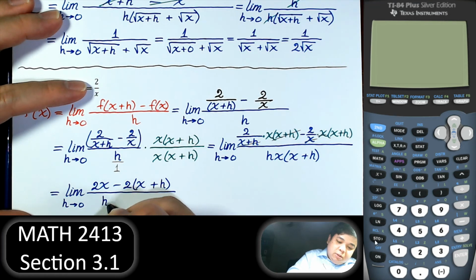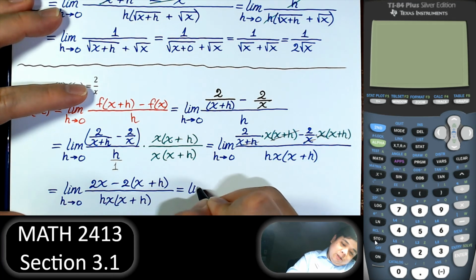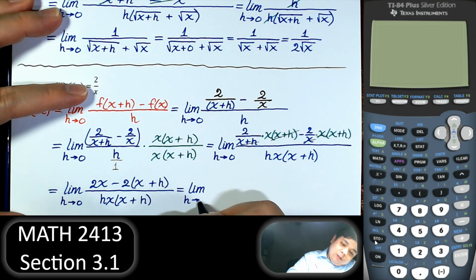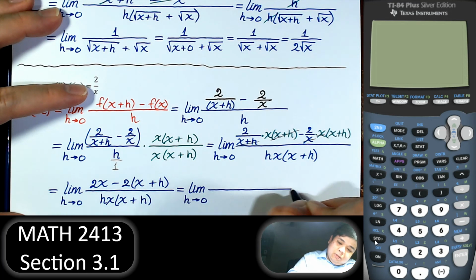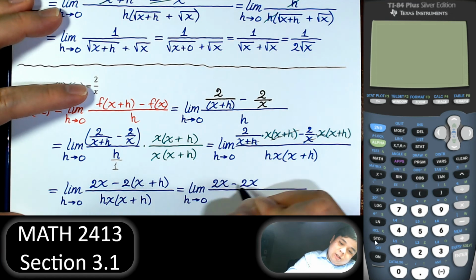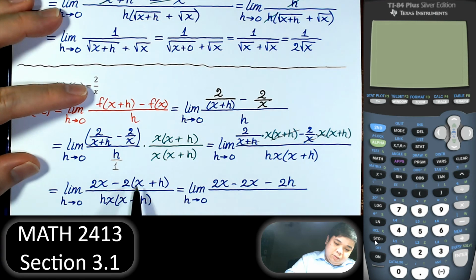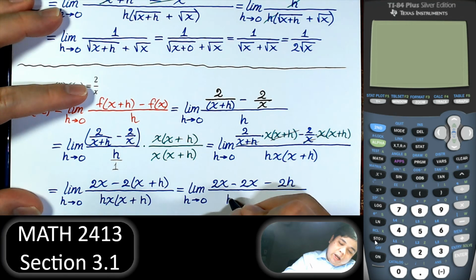And then the bottom. Multiply it out: 2x minus 2x minus 2h, over h times x plus h.